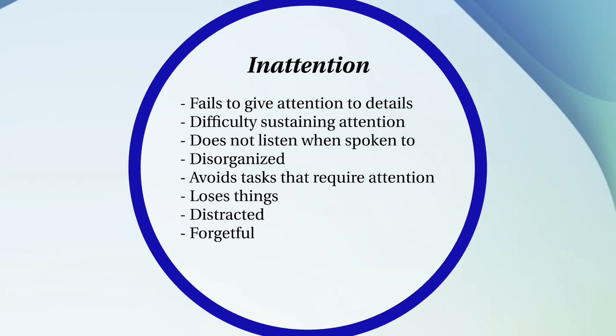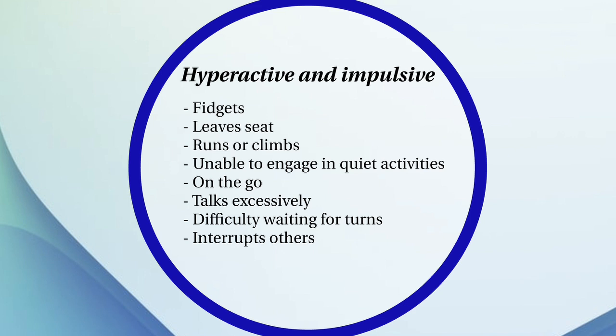Difficult tasks, they will shy away from. They lose things, and they are distracted and forgetful. You might say, well, I know a lot of people like that. Well, ADHD is on another level. They have a hard time focusing and just can't complete the task. They cannot sustain watching a long video for a long period of time. So that's the inattention type of ADHD.